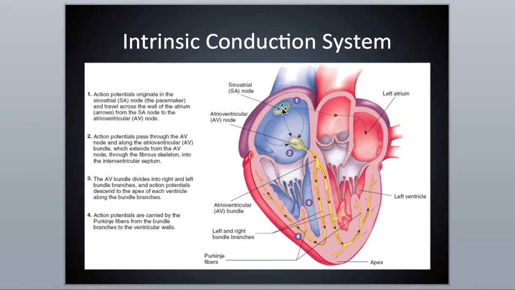So essentially what I'm saying is that as soon as the action potential goes from the SA node to the AV node, the atria will contract. If it went down into the nerves, going down into the septum and into the Purkinje fibers in the walls of the ventricles, it would cause the ventricles to contract at the same time that the atria contract.